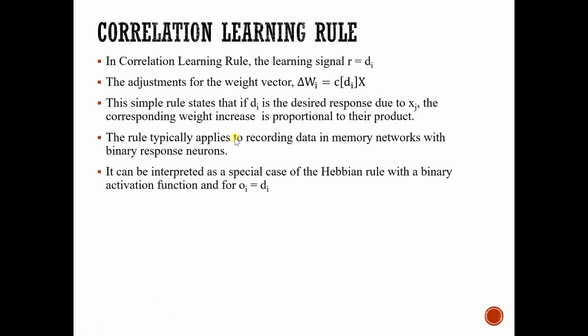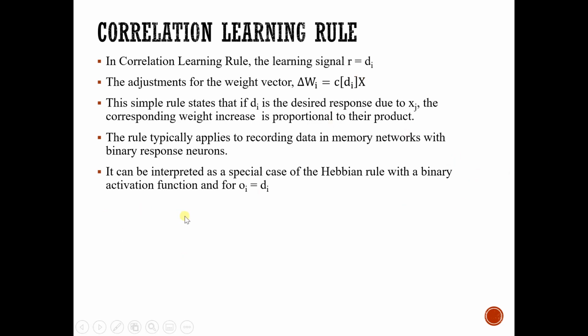It can be interpreted as a special case of the Hebbian rule. In the Hebbian learning rule, we consider r equal to o_i, that is the actual output. Rather than taking the actual output, we are taking the desired output. But the desired output will be indicated in the form of +1 or -1, or 0 or 1, that is only a binary activation function.